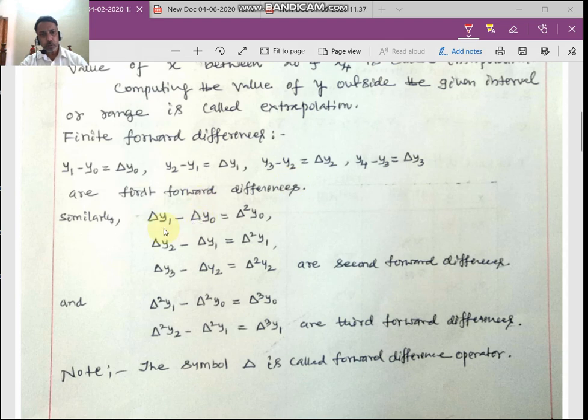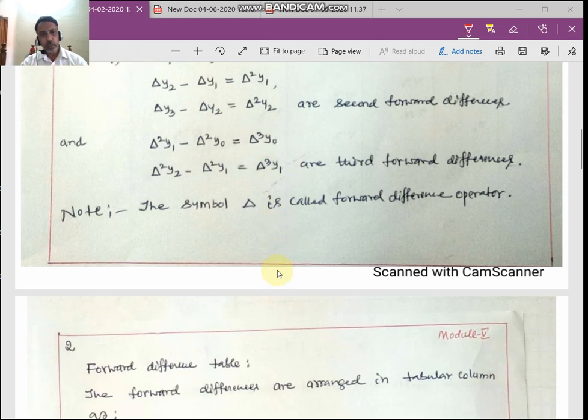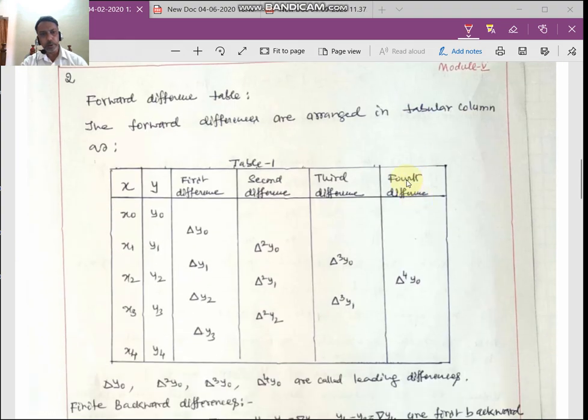And again we will subtract these differences in the following manner: Δy1 minus Δy0, that difference is denoted by Δ²y0, Δy2 minus Δy1 is denoted by Δ²y1, and so on, Δy3 minus Δy2 is Δ²y2. These are second order forward differences. Similarly, we can find third order forward differences as Δ³y0 and Δ³y1. Here the symbol Δ is called the forward difference operator.